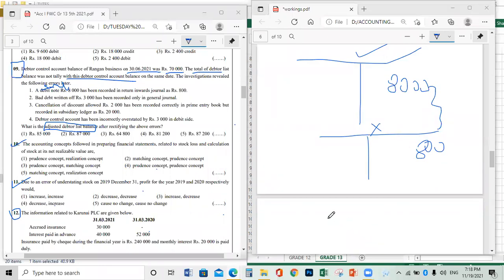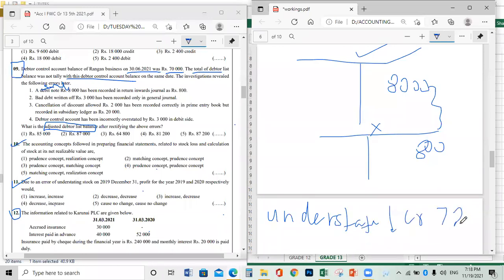Yes, guys, don't just say understated. You should specify. You have understated the credit side by 7,200. If you have understated the credit side by 7,200, to correct the mistake, should you write on the same side or the opposite side? Very good.